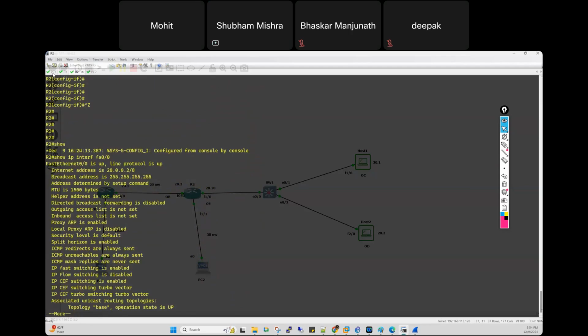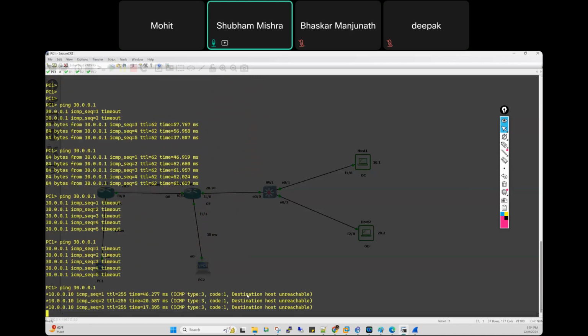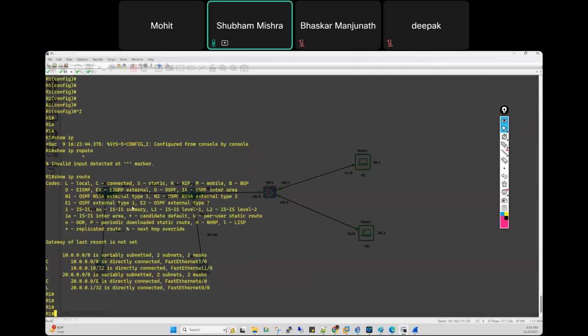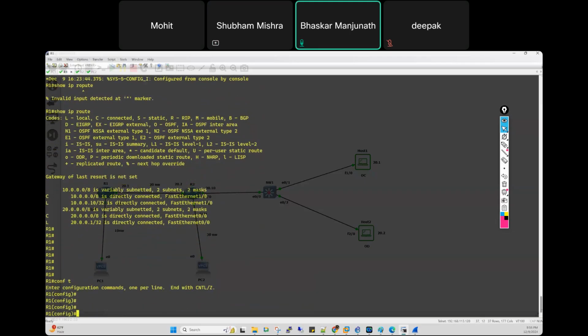Now, when I ping from PC1 to PC2, what am I getting? Destination host unreachable. Why? The same reason, guys, because on router number 1 there are no routes to forward your packet. Now, I already discussed two things: static route with exit interface, static route with next hop address. With the next hop IP address, what was the problem?